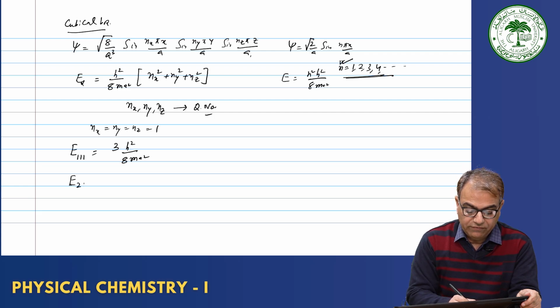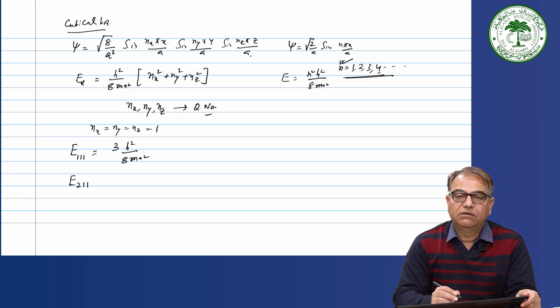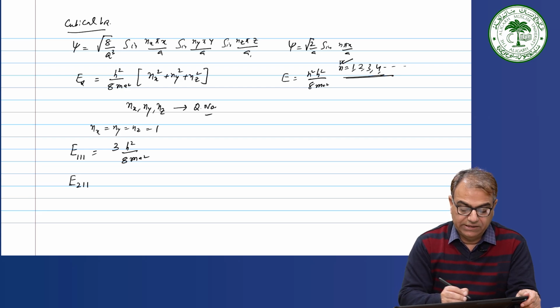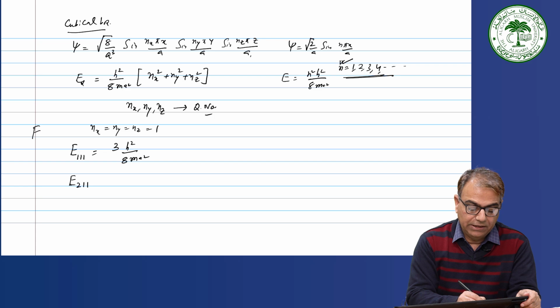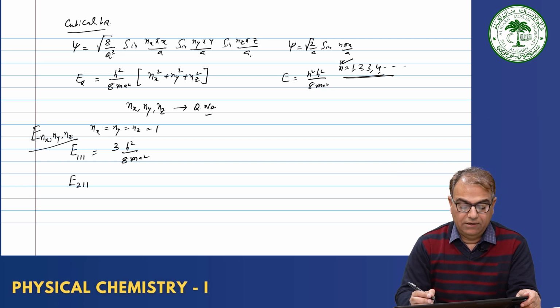When I write 211, it means 2 is the value assigned to nx, and 1 is the value assigned to ny and nz. So I am writing in the form nx, ny and nz. Okay.